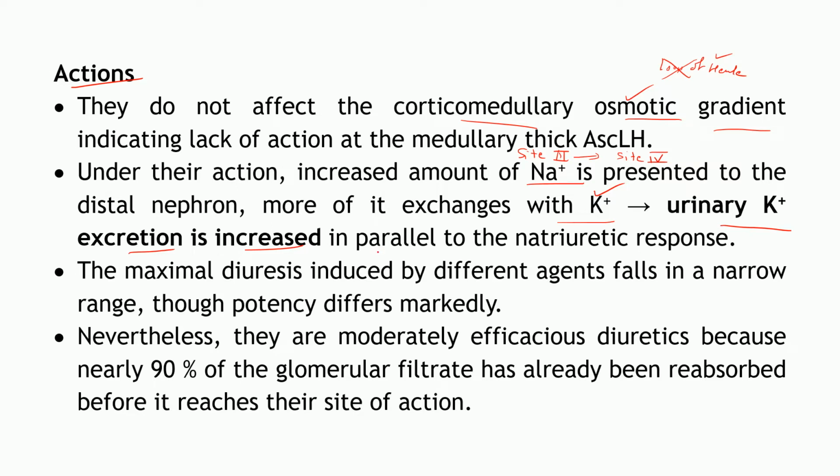Okay, so a natriuretic response is produced, but at the same time it is causing more and more excretion of the potassium ions from the body. So this could be the reason why it is precipitating the complication, that is hypokalaemia, right? So this is the complication which may be produced by the thiazide-like diuretics as well.